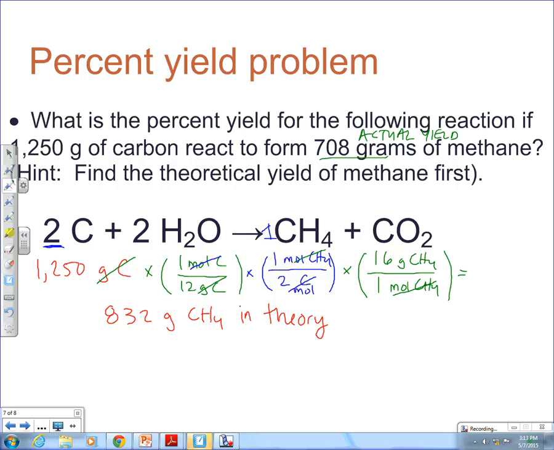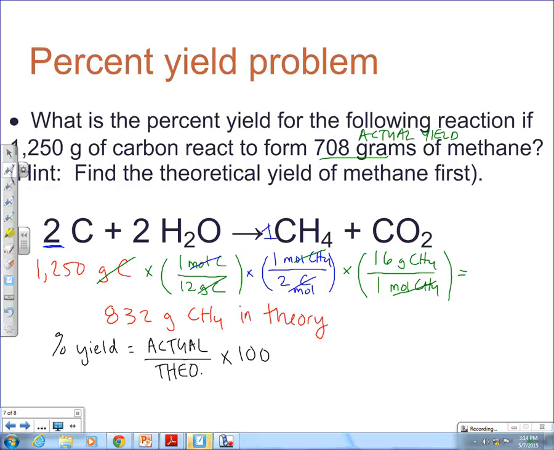Now, in order to get our percent yield, we use our formula, which is actual over theoretical, times 100.